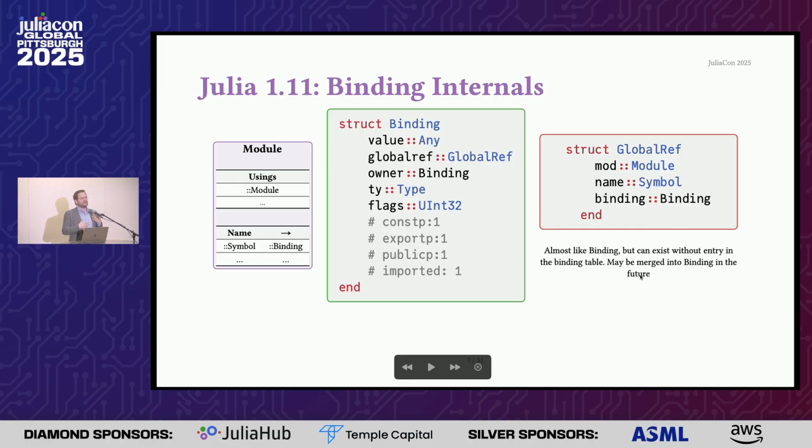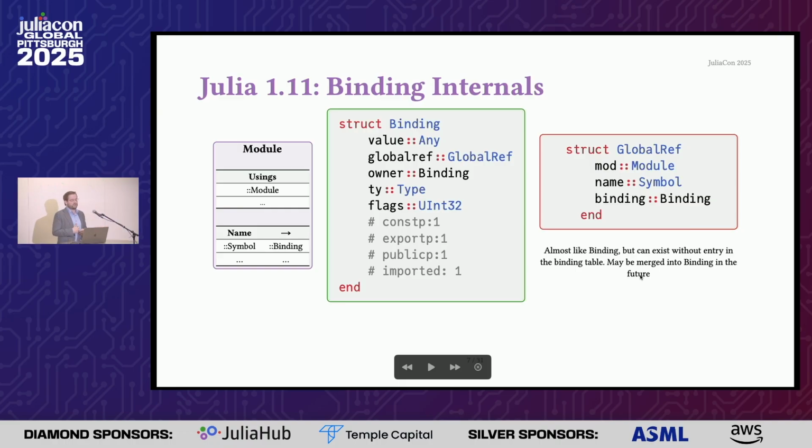But let's suppose that lowering decided that some symbol is a global. How does it know what that symbol actually refers to? Well, the answer is that inside the module struct, there are 2 tables: one for all of the other modules that you've called using on, and one that is a table that maps symbols to something called a binding.